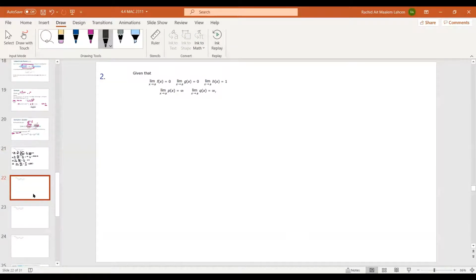Let's try, for example, the product. We'll follow the same thing. So let's show the first one. Let's say we need to find the limit as x approaches a for f of x times p of x, which you can do using the limit law. For f of x the limit is 0, for p of x it is infinity.